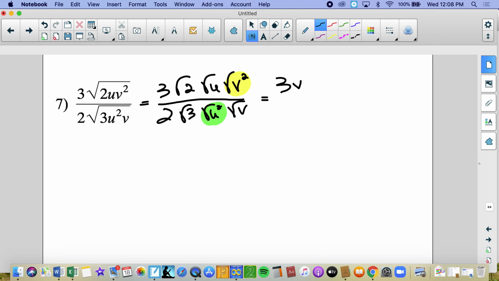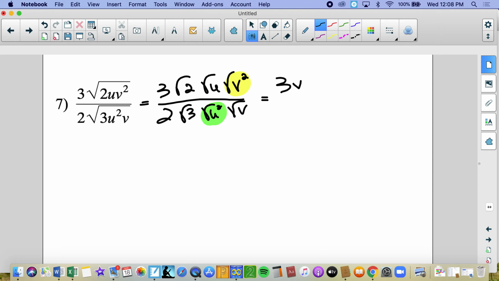And now I can rewrite them with numerators and denominators. And I need to rationalize. So I have to get rid of that denominator, that radical in the denominator, which is 3u.